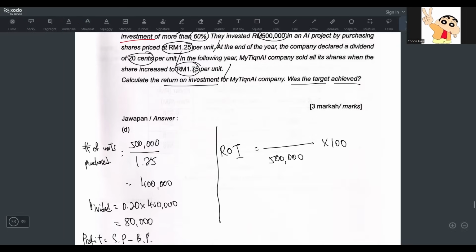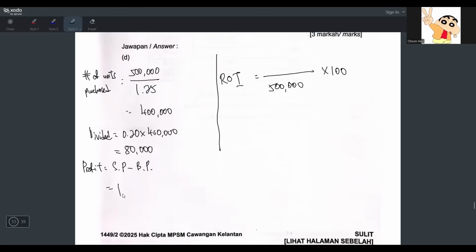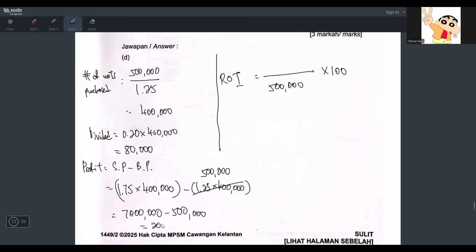The selling price is 1.75 times 400,000 units. The buying price is 1.25 times 400,000, which you already know is 500,000. So 1.75 times 400,000 is the amount they sell, 700,000, but you minus the amount you spent to buy at first, so you get 200,000 profit.